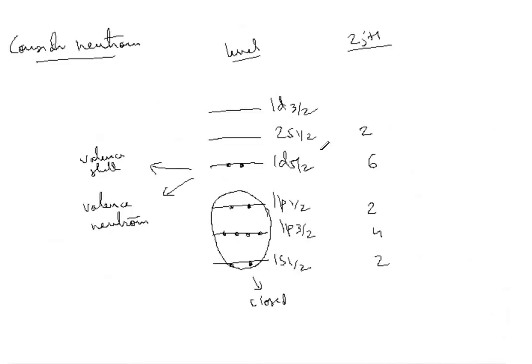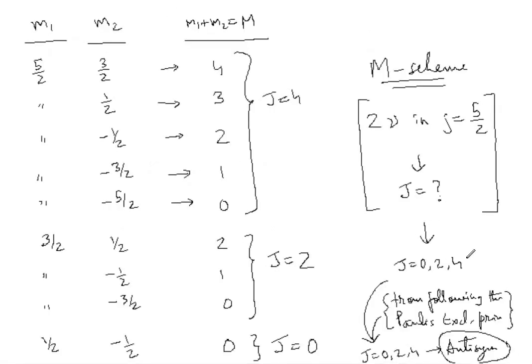Okay, as a result of the two valence nucleons in this shell. And there is no residual interaction. We are just considering the single particle shell model. Think about it, what they will be.